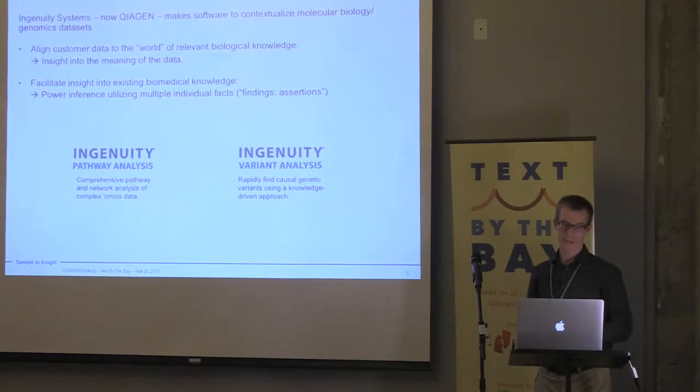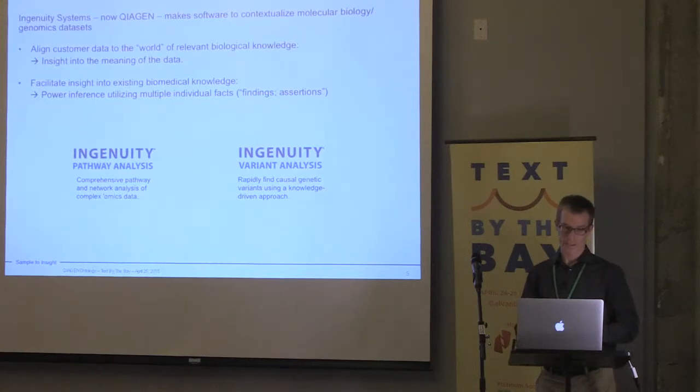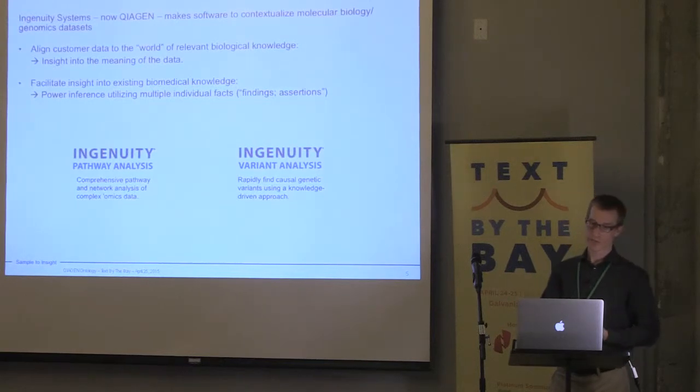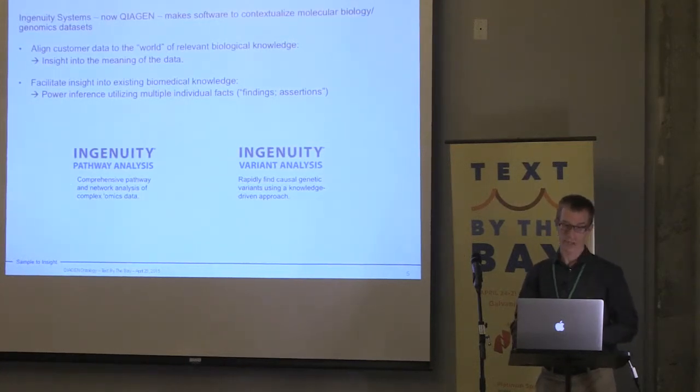And a newer one is Ingenuity Variant Analysis, and the focus there is to look at genetic variations, or what people would refer to as mutations, perhaps. Specifically, it filters lists of genetic variants in particular patients, to isolate what might be likely causal variants for a particular problem that patient's presenting with.